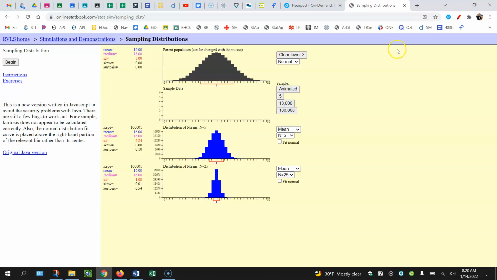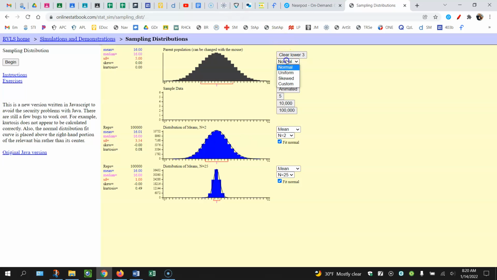If I do this a whole bunch of times, I can see that both of these sampling distributions are approximately normal. It doesn't matter if I have a really small sample size, I'll change it to 2 or 25. The shape matches the population shape, approximately normal, which is good. We can use the normal curve. We can do normal CDF to calculate probabilities.